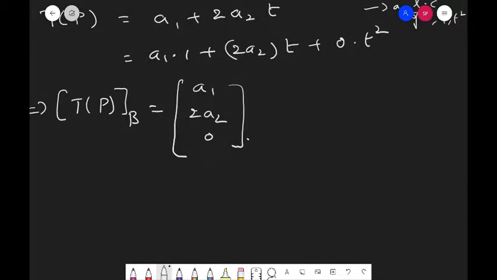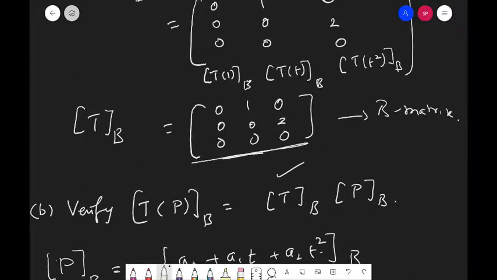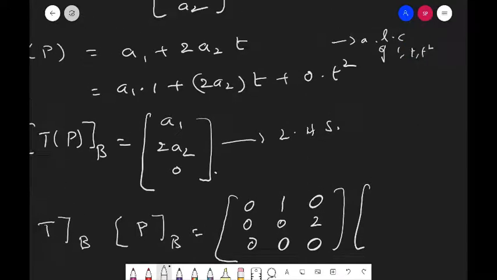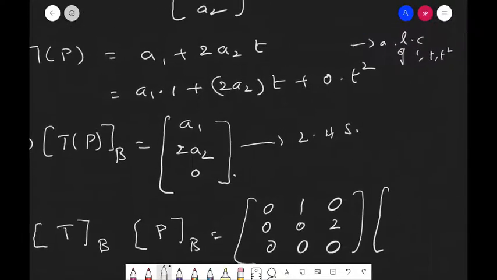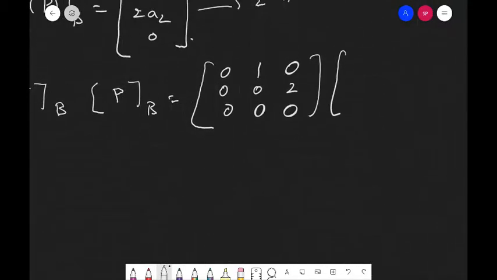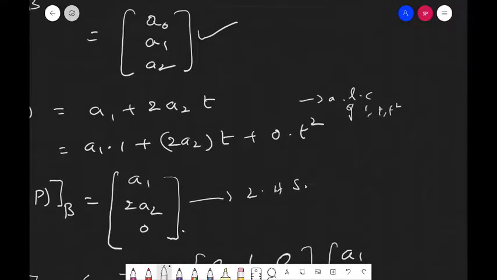So now what do we have to verify? The LHS is the coordinate of T of P with respect to B. The RHS is the matrix of the linear transformation, which is 0, 0, 0; 1, 0, 0; 0, 2, 0, multiplied by the coordinate vector of P with respect to basis B, which is a0, a1, a2.